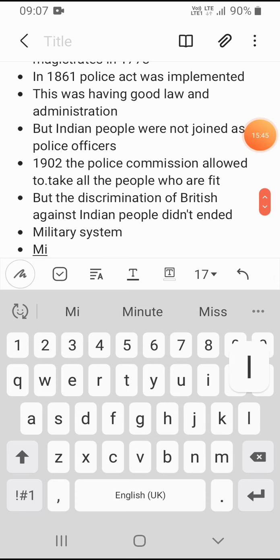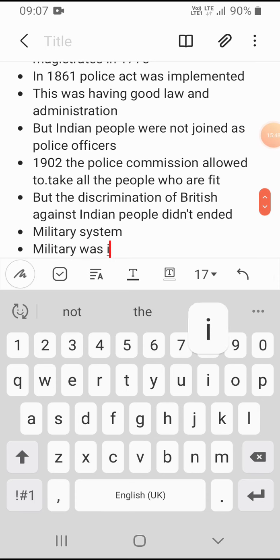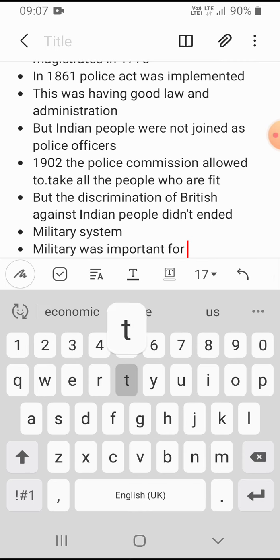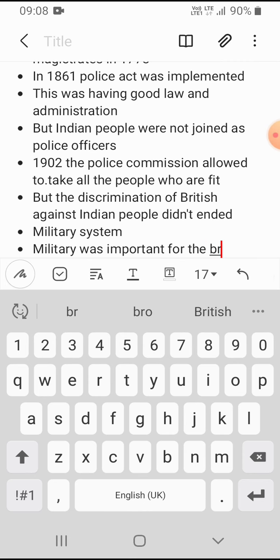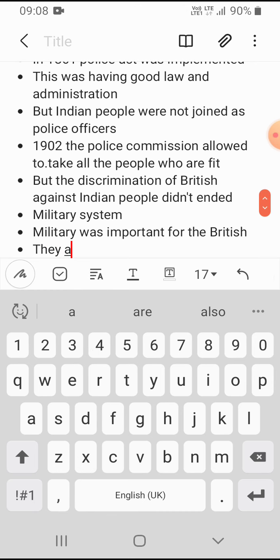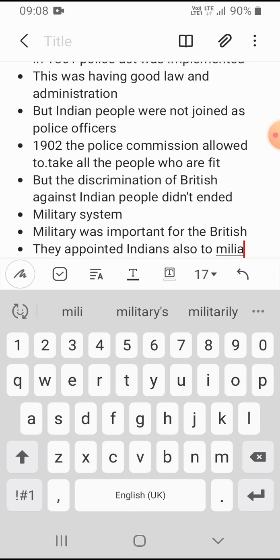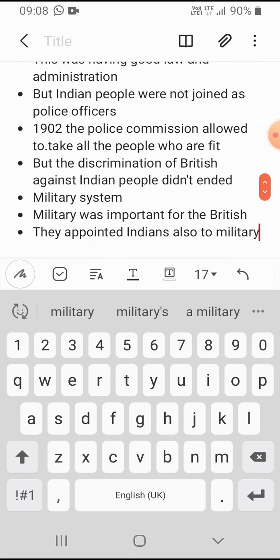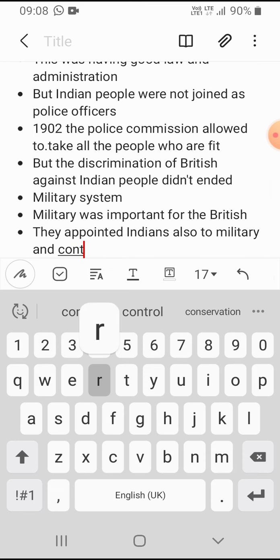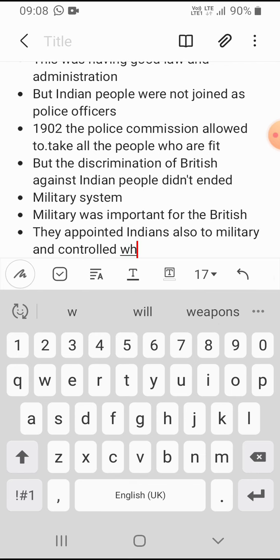So the military was important for the British. They appointed Indians also to the military and controlled the whole of India by the help of the military.